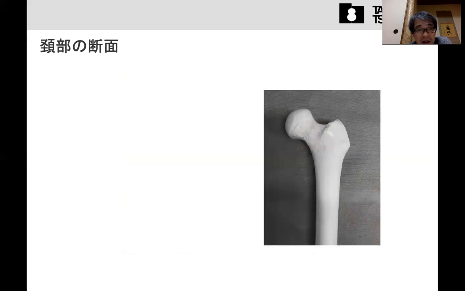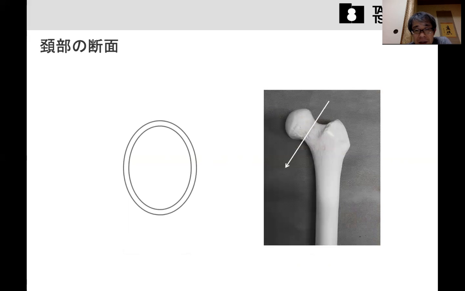Why? Again, the cross-section of the femoral neck is not oval. If the neck were this oval shape, the second screw could be here, superior and posterior.